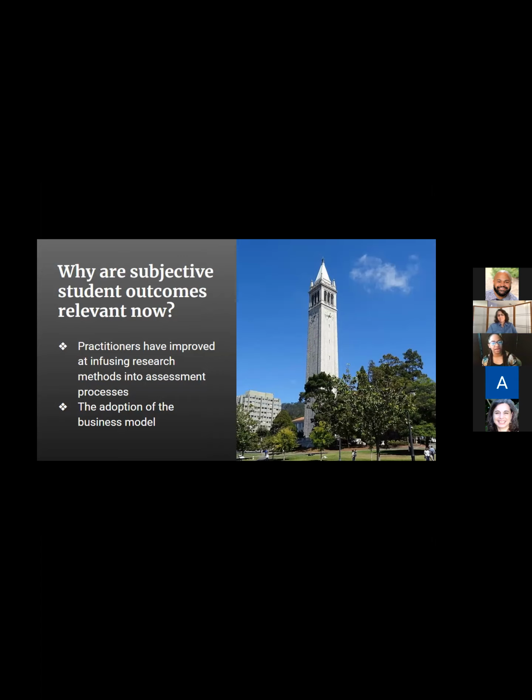So when I say that a lot of campuses are adopting the business model, there has been this shift on the parts of a lot of parties. So not just the institutions, not just students, not just staff and administration, but the entire campus community has shifted toward commodifying higher education.